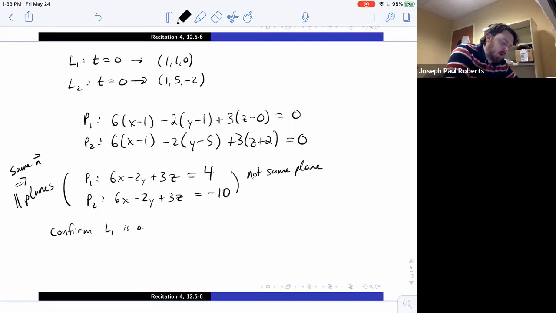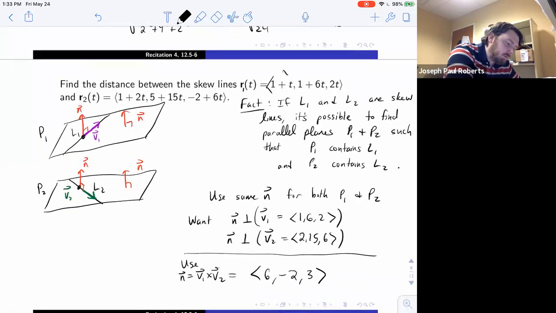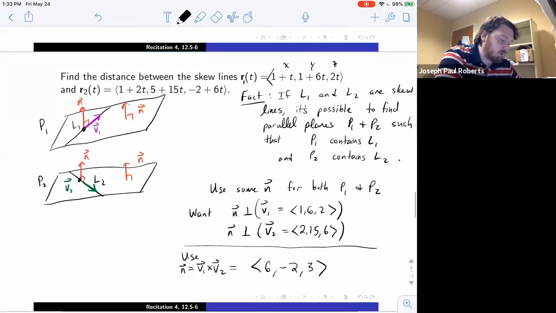L1 is on P1, you just plug in the equation for L1. So L1, this is x, y, and z. Remember, that's how the vector equation works. The components of R1 of t are the x, y, and z coordinates of points on our line. So to see if this line lives on plane 1, I'll plug this x, y, and z into plane 1.